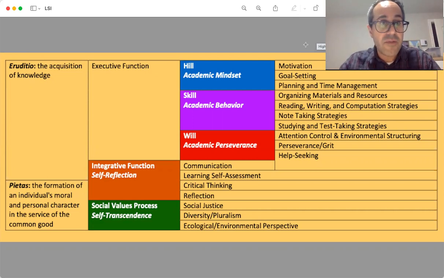We're interested, as schools are, in fostering knowledge and understanding in our students, which is super important, but is typical of any school. We're also simultaneously interested in pietas, formation of an individual's moral personal character in the service of the common good.